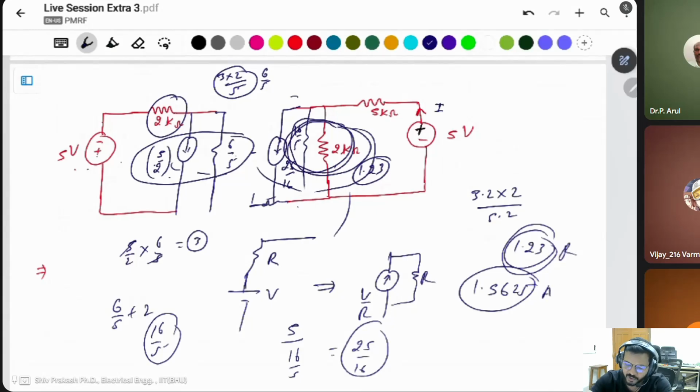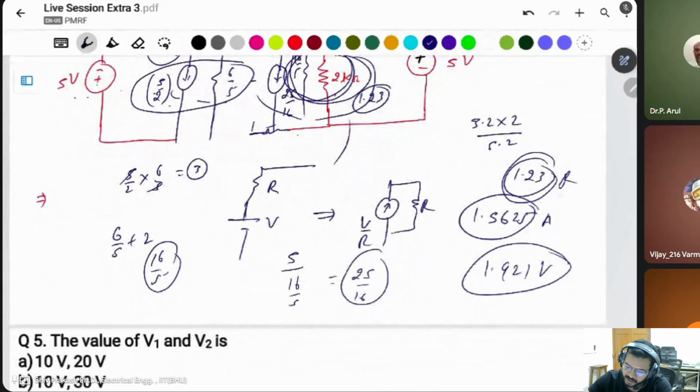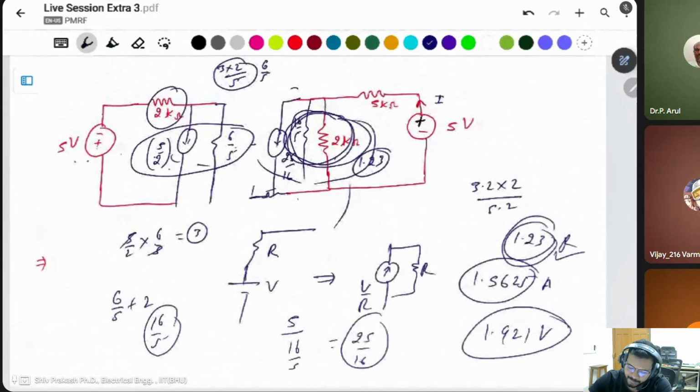Then we have to multiply this one, 1.23. 1.921 is the voltage source, and the resistance is the same, 1.23. Then we have to add these two, 1.921 plus 5 divided by 6.23, this is approximately 1.11.